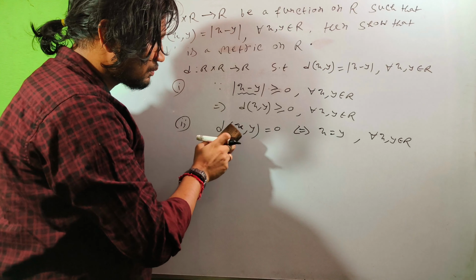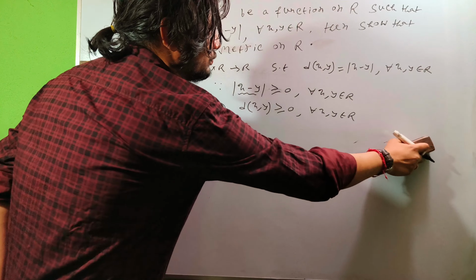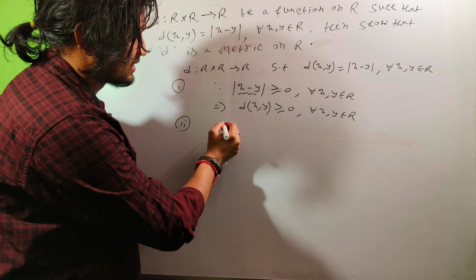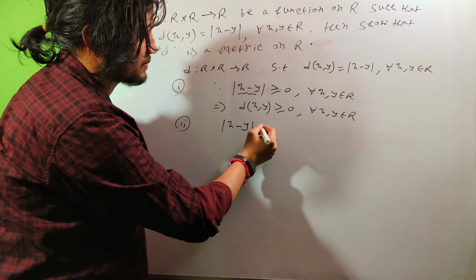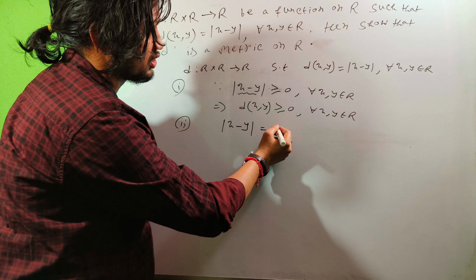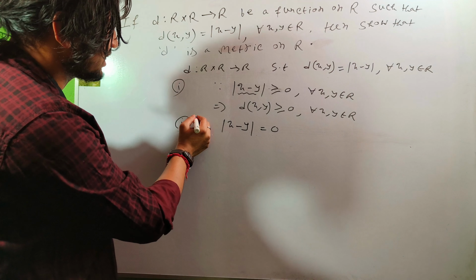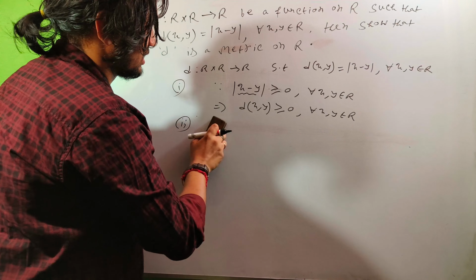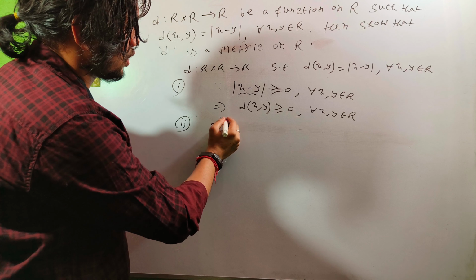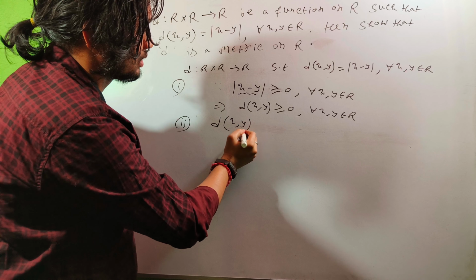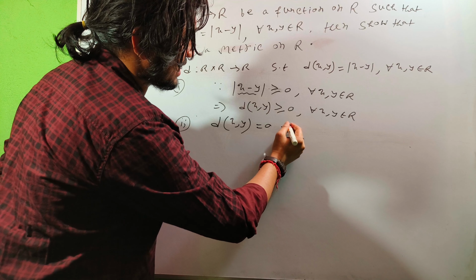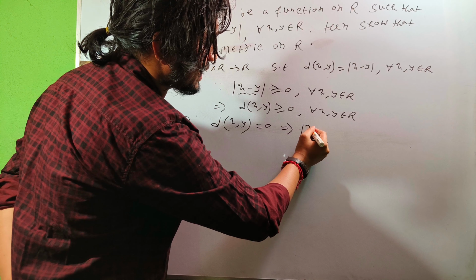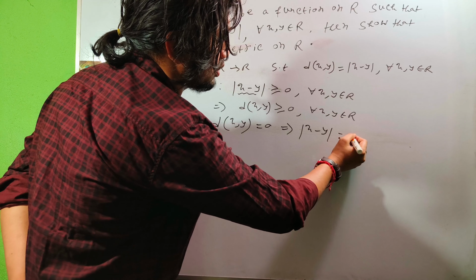Now for this, let's take the definition again. We take D of x comma y is equal to 0, which implies that mod of x minus y is equal to 0.